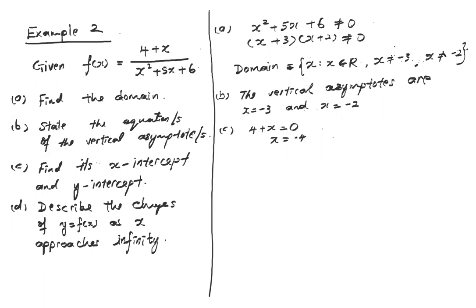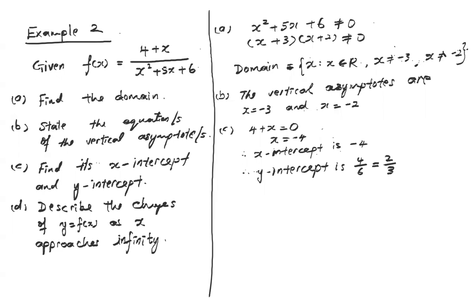If you can give the answer straight away, you can say, therefore, the x-intercept is -4. For the y-intercept, we just put x equal to 0. So the y-intercept is 4/6, which is 2/3, right?